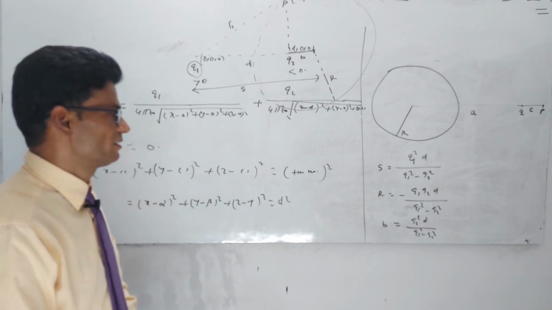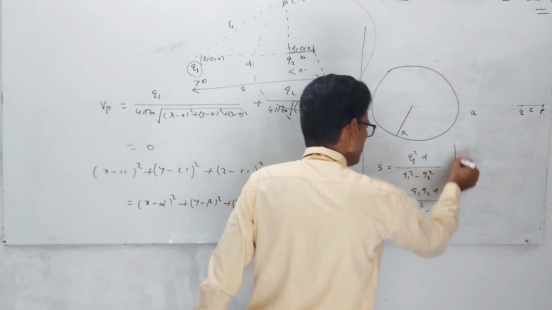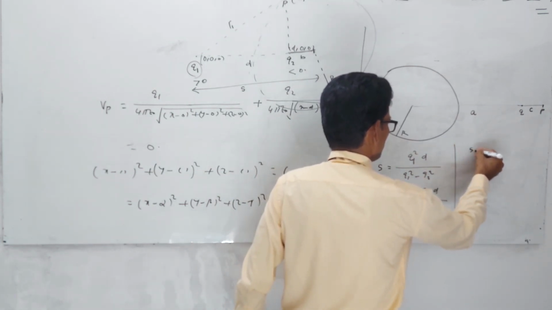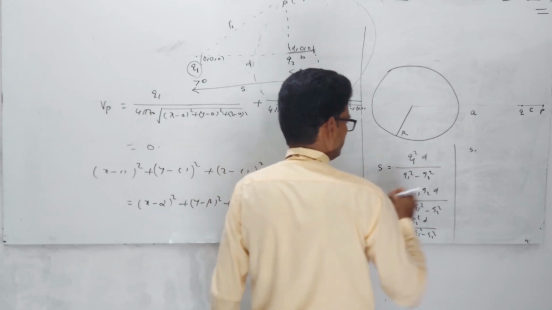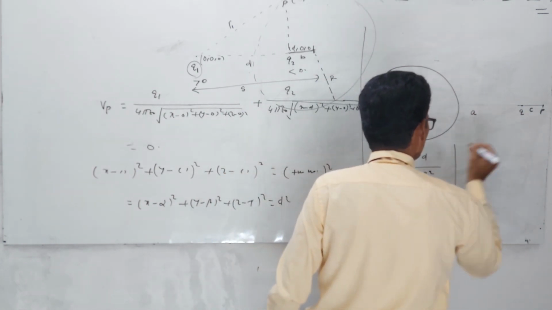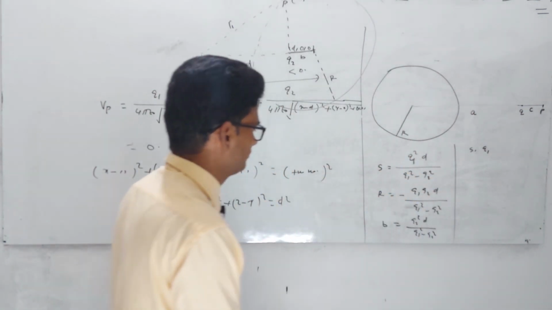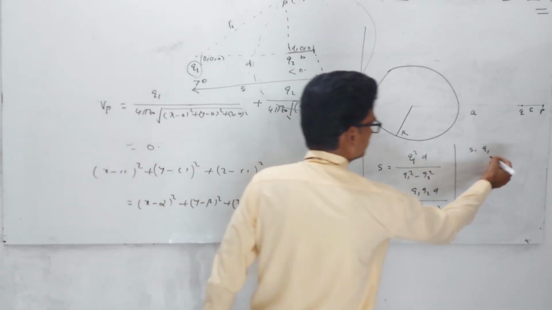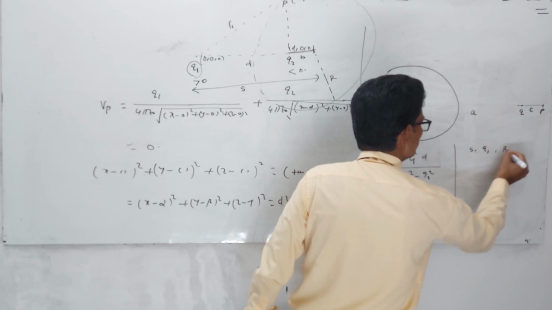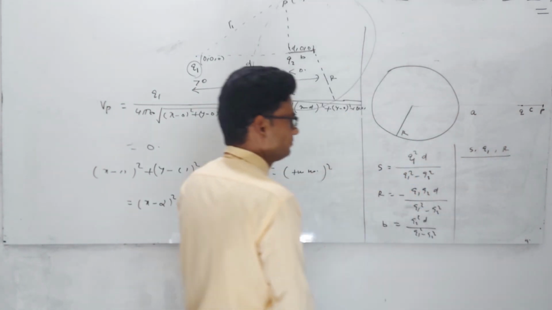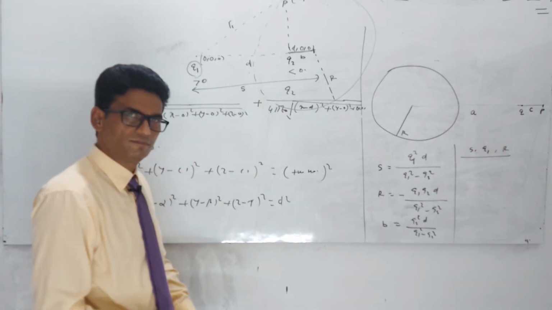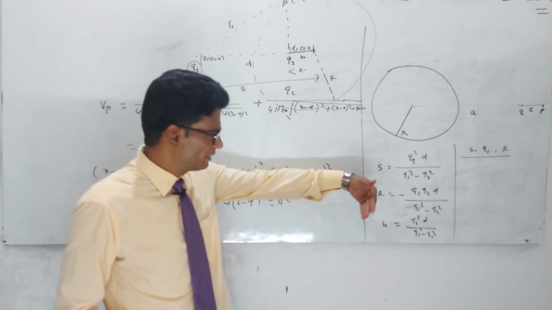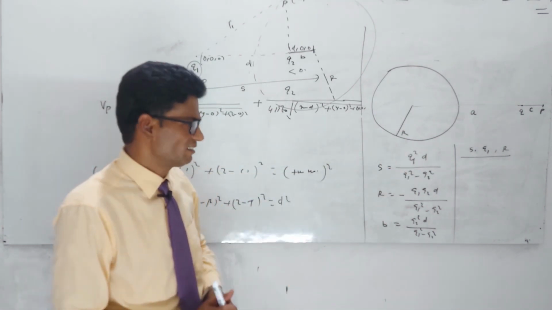But we are interested in these things in terms of say S, q1 and r. Again, by doing some manipulation we may get it quite easily.